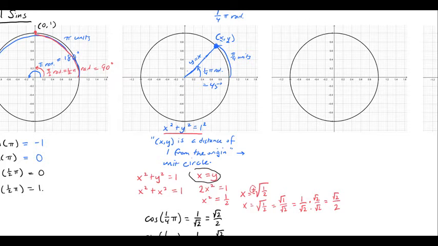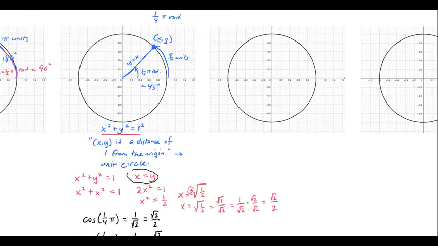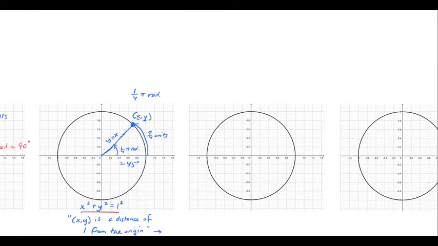All right, now let's move on to this picture. I'm getting kind of cluttered down there, so I'm going to move up here instead to do the work. This time I'm going to draw an angle whose measure is 1/3 of pi, and we're going to figure out the cosine and sine of 1/3 of pi.